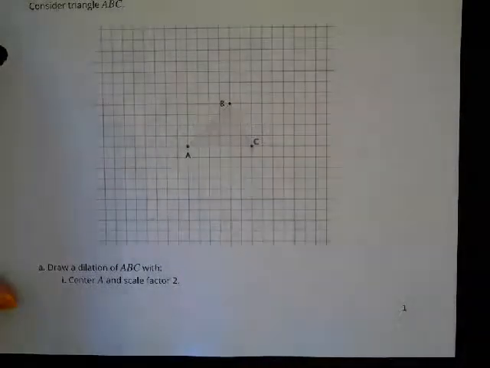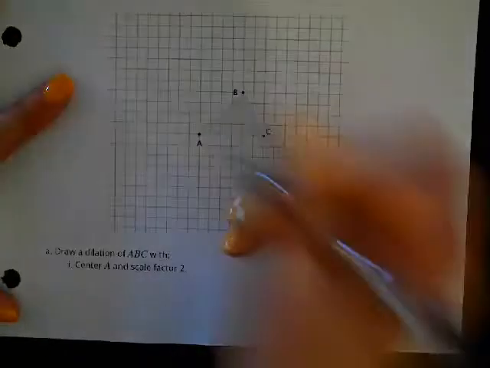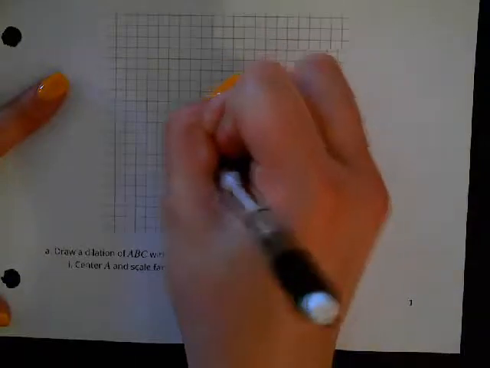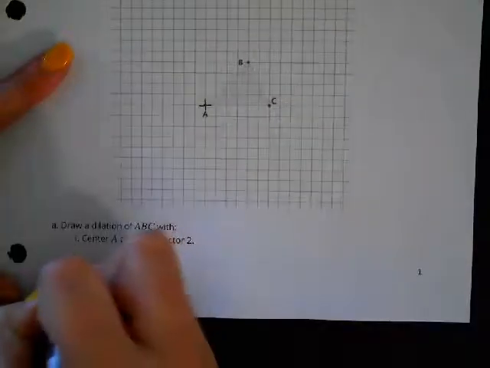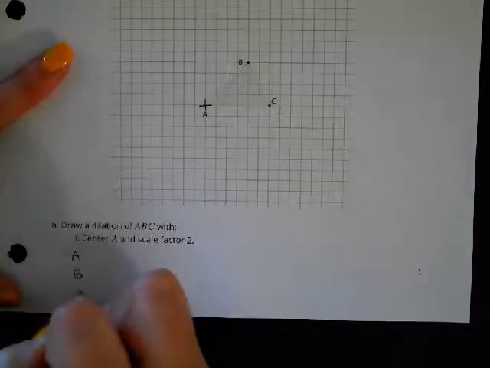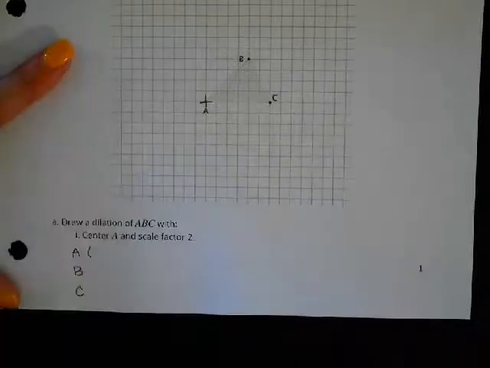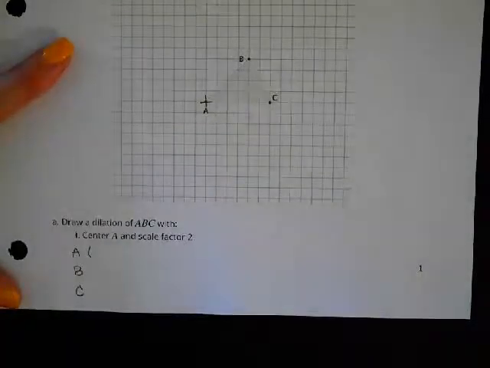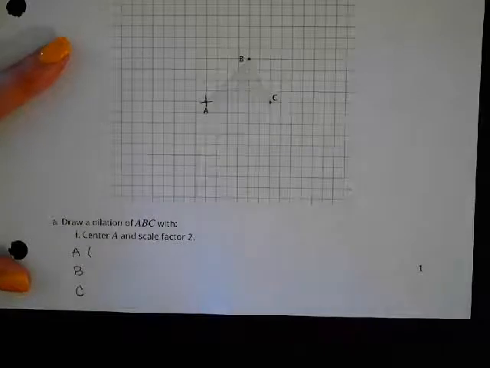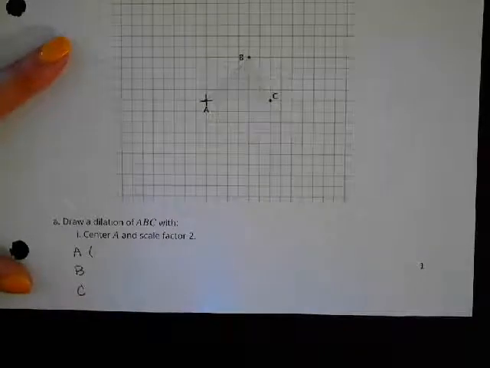Okay? So for this one, if I make the center at A, then I'm just going to go ahead and write down the coordinates. And I'm going to write down the coordinates every time because for each drawing, as my center changes, my points are going to change every time based on that center. Does that make sense? So for the first one, A is 0, 0, but for the second one, B is going to be 0, 0 because B is the new center. So they're going to change for every single problem.